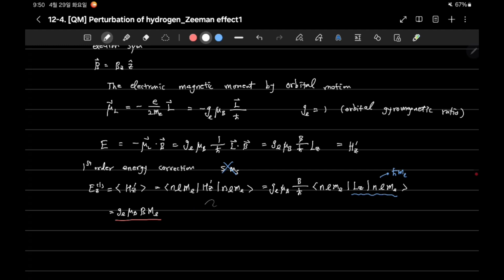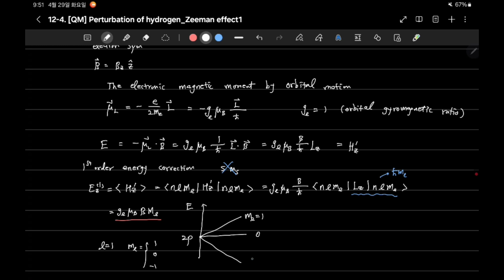So for example, the 2p state has 3 states. Since 2p has l equal to 1, there are 3 possibilities of m_l: 1, 0, and minus 1.